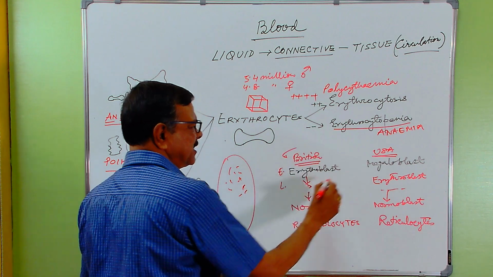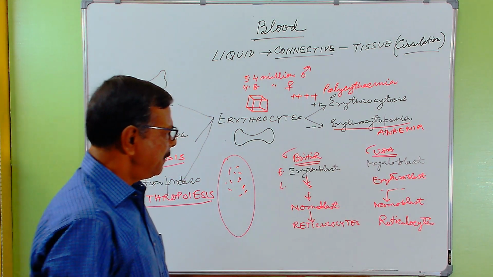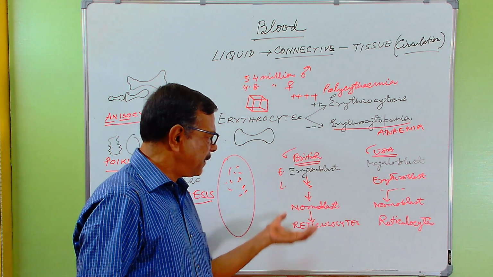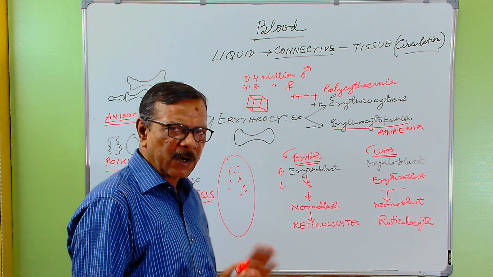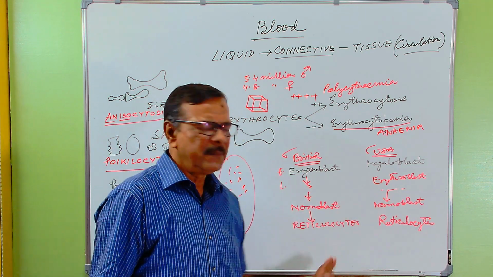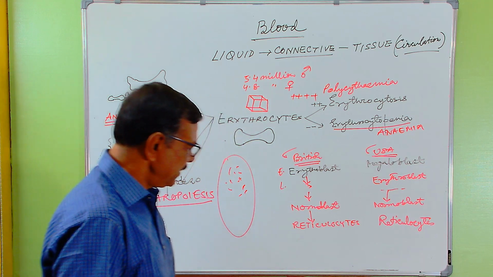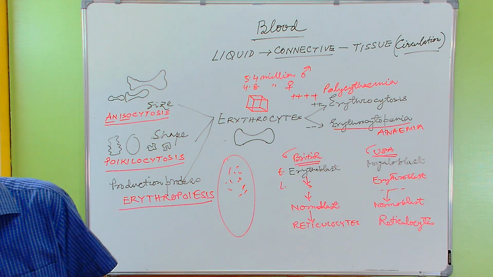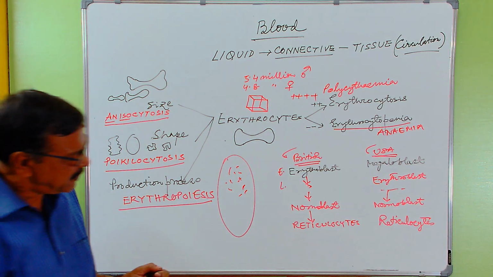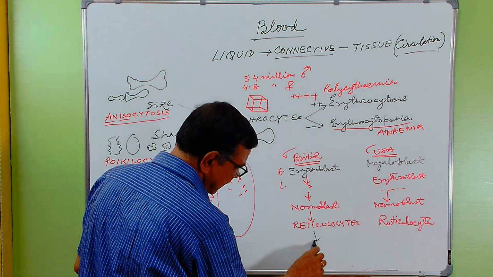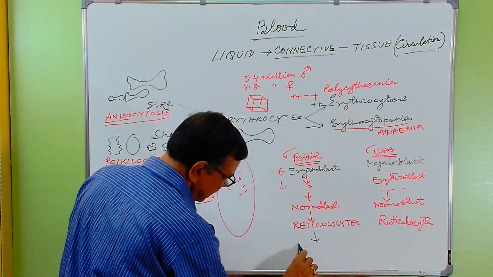They have forwarded these theories, and we do not follow anybody, we follow both of them. So these are the processes they have given. From reticulocytes, they are giving the name of erythrocytes. Then these erythrocytes.